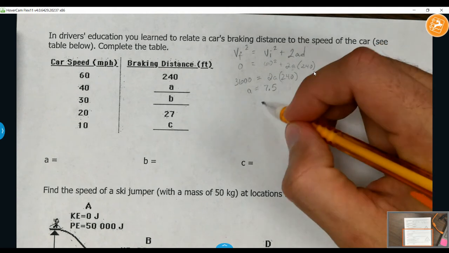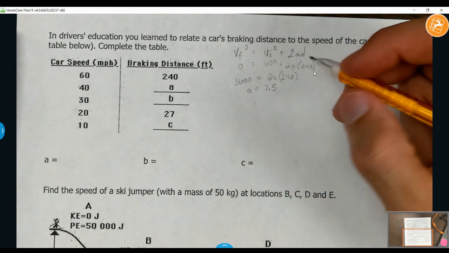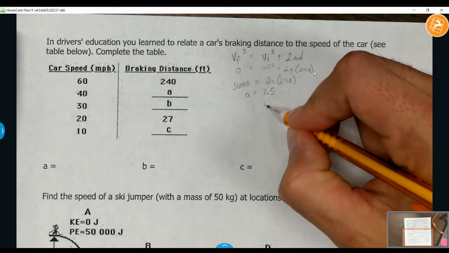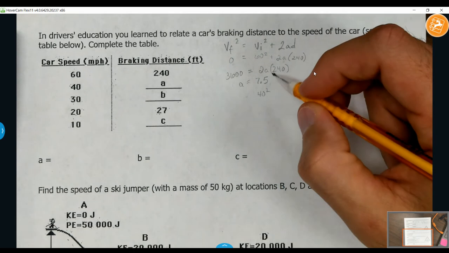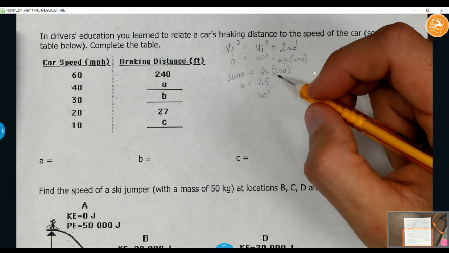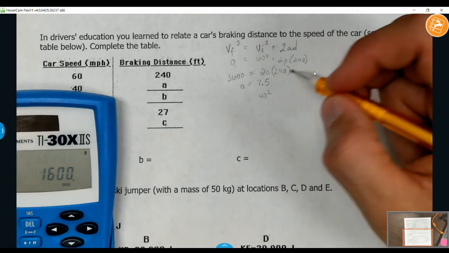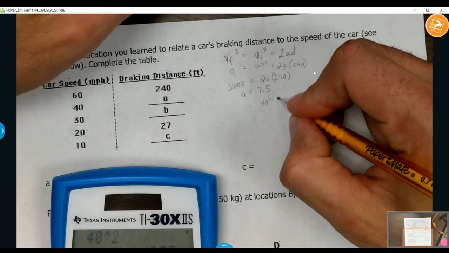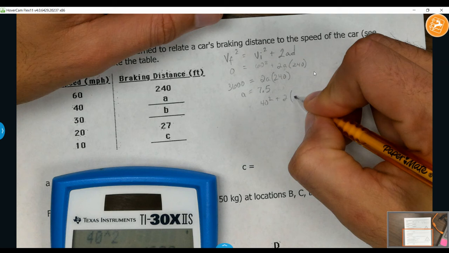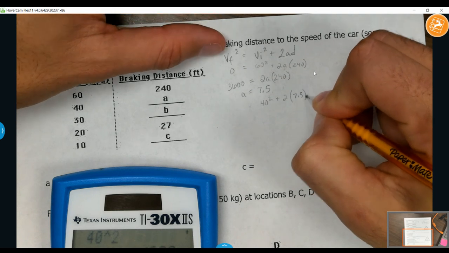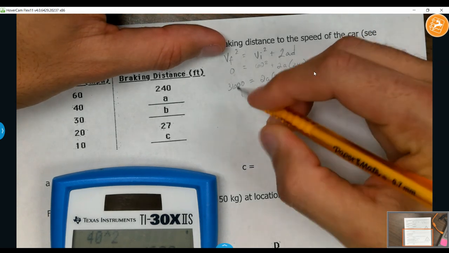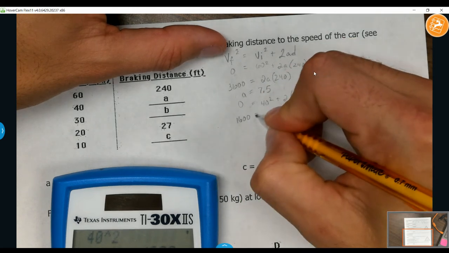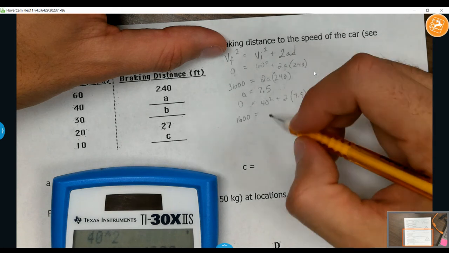All right, you would have 40 squared. Right, so 40 squared, what do we got? 1,600 plus 2 times, if we knew the acceleration was the 7.5, times D. So you're going to get 1,600, 40 squared, over the other side. Forget about the negative.